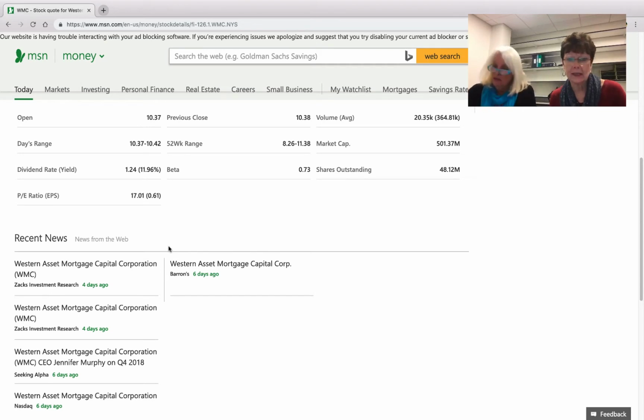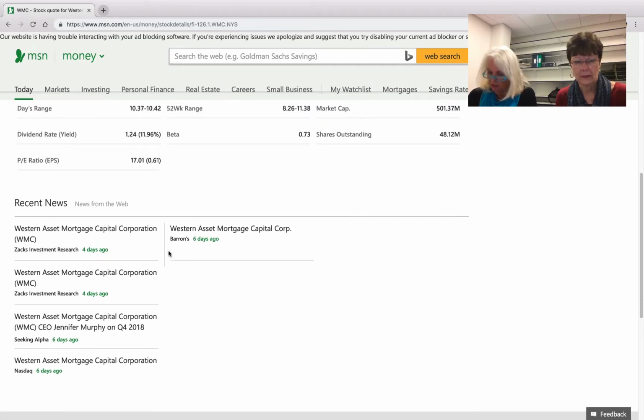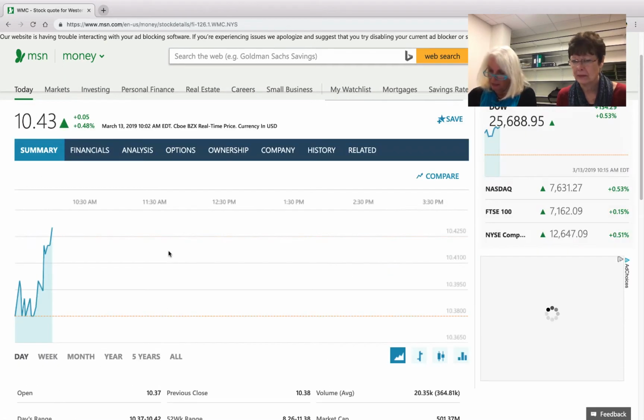But it says in parentheses 11.96%. That's the percent. The dollar amount is $1.24 per share. So that $1.24 is like the coupon on the individual bonds. So we take $1.24 divided by the current price, which was 10.43.